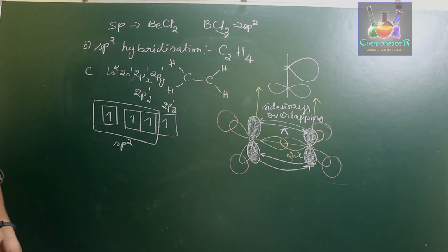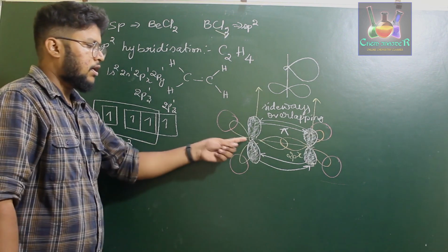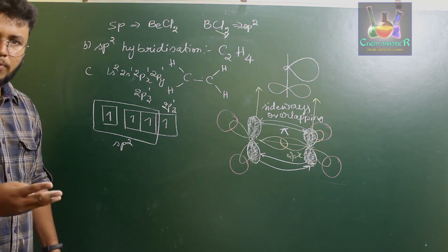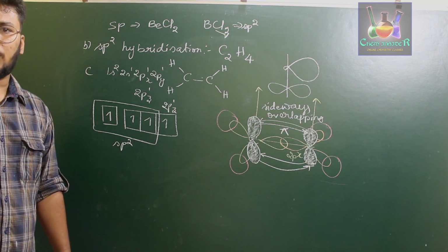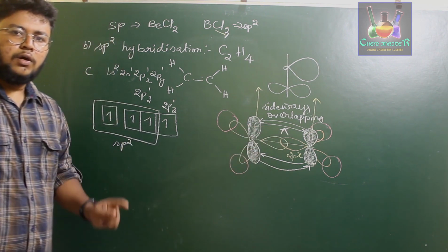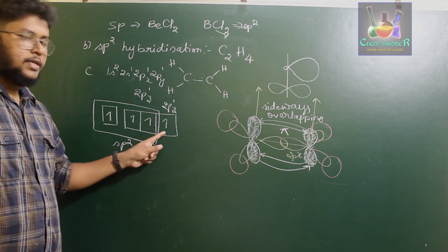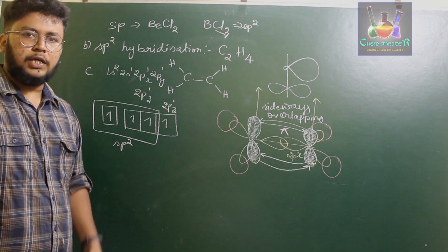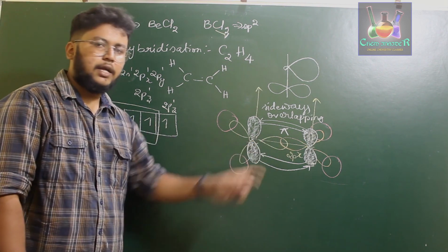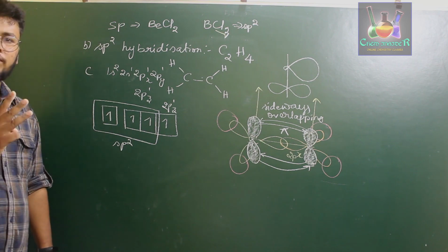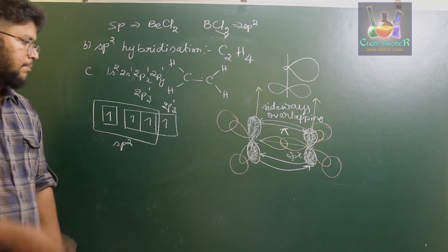So in the C2H4 molecule, because of the sideways overlapping of electron clouds on the 2pz orbital of each carbon, a pi bond is formed between the carbon atoms. Therefore, in the C2H4 molecule, we have 3 sigma bonds and 1 pi bond.